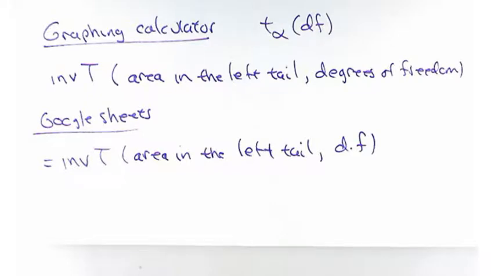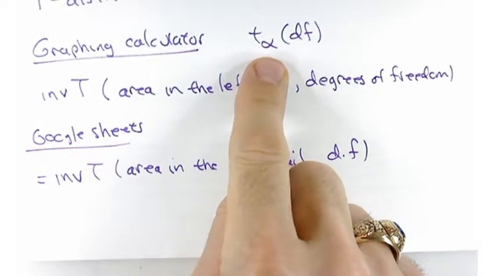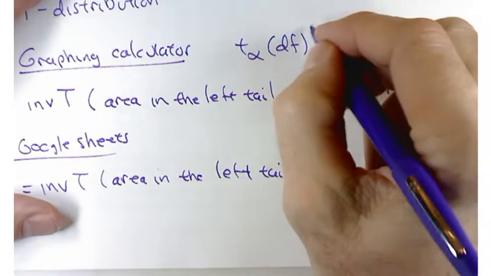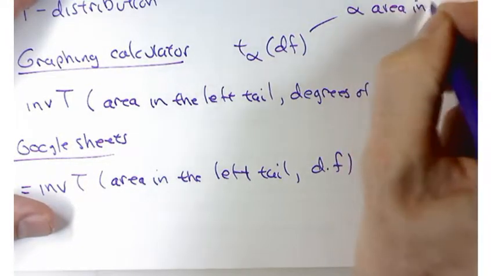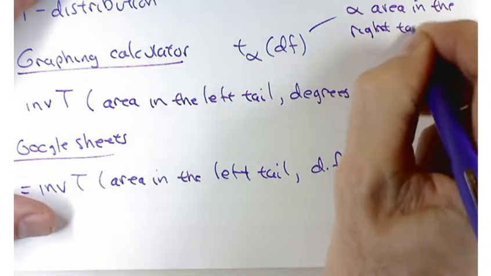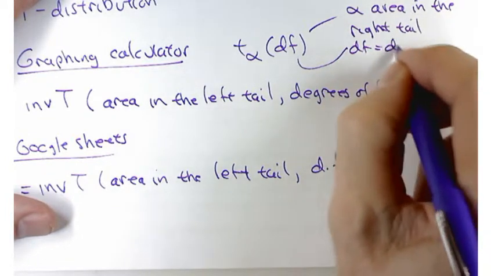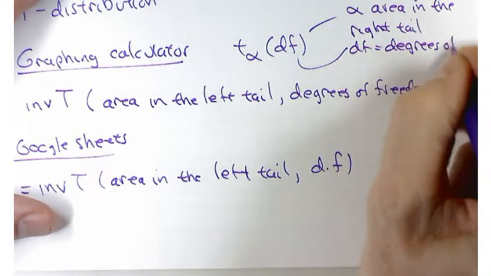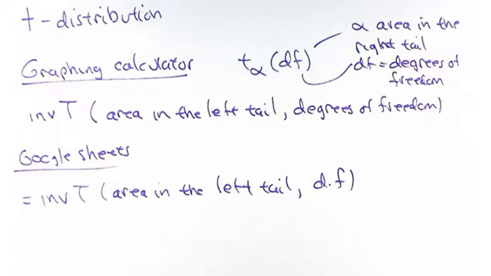Just like in our Z distribution, alpha refers to the area in the right tail, and df for degrees of freedom. So there's a little bit of disconnect from our notation to the way technology works. That's all right. Let's see if we can't find a couple values.